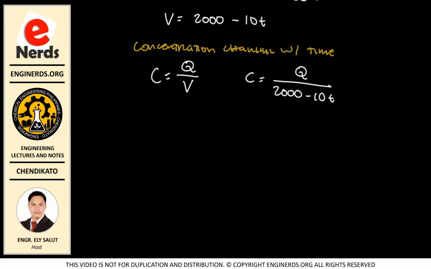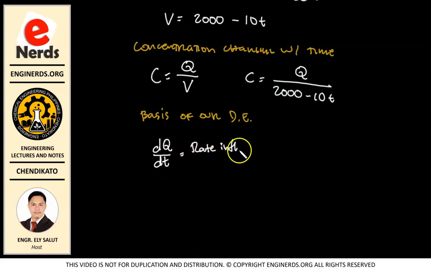Alright, so now again, to get the basis of our differential equation. Okay, the basis of our differential equation is that the change of the salt over given time is equal to the rate of inflow salt minus the rate of outflow salt.